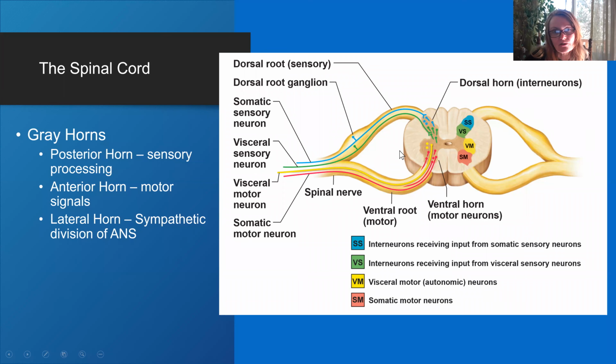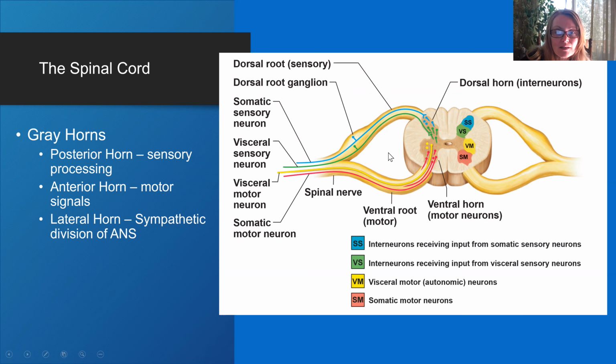So this is a cross-section of the spinal cord again, and we can see our horns, right? We see the anterior or ventral horn, and we see the dorsal and lateral horns. But what is different on this diagram is that it shows what kind of neurons are found within those horns.